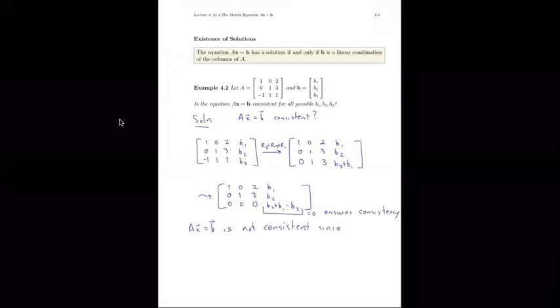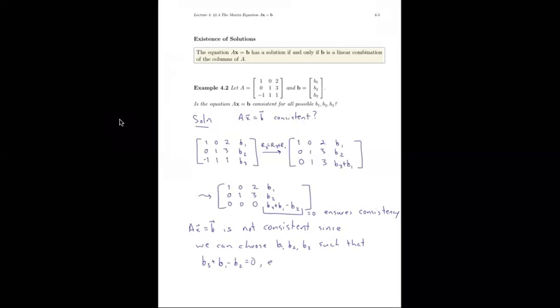That's a constraint. So it's not true that it's consistent for all values. Since we can choose B1, B2, and B3 such that B3 plus B1 minus B2 equals 0.